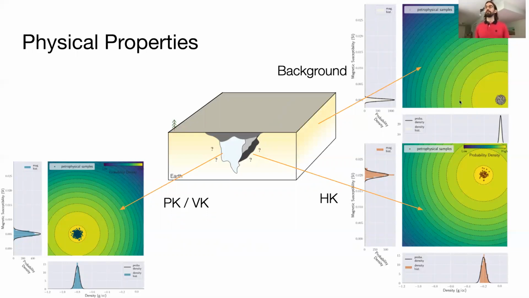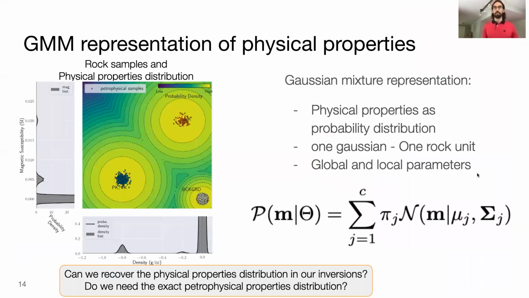So for example, here we can have the background and we can characterize its density and magnetic susceptibility with Gaussians in a two-dimensional space, and we can do the same for the PK unit and the HK unit. If we have samples for each rock unit, we can compute the mean and covariance of that Gaussian distribution quite easily. And the way I can put that all together is actually very simple, by weighted summation of these different Gaussian distributions. That's what we call a Gaussian mixture model.